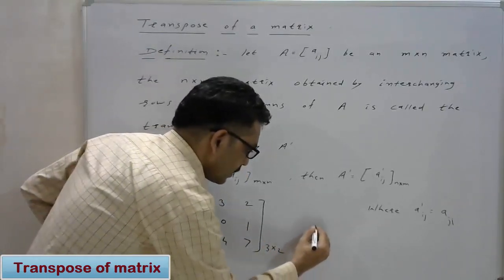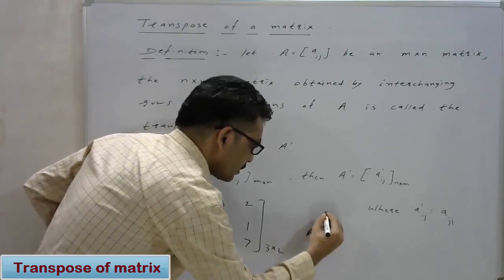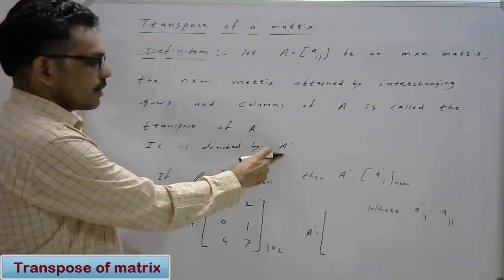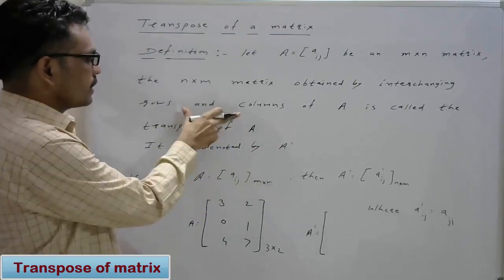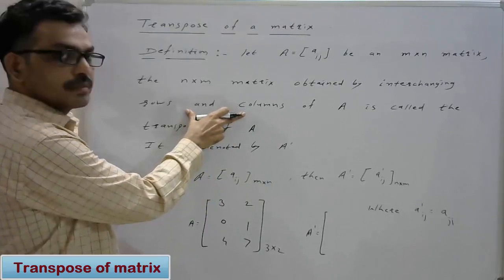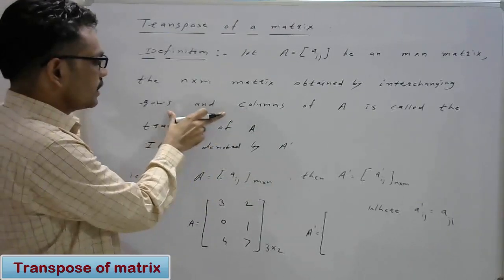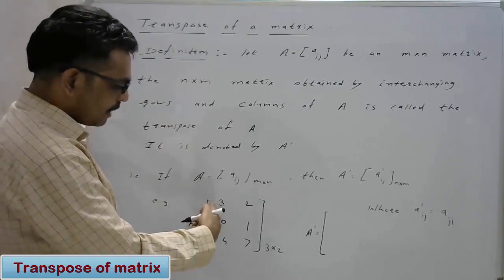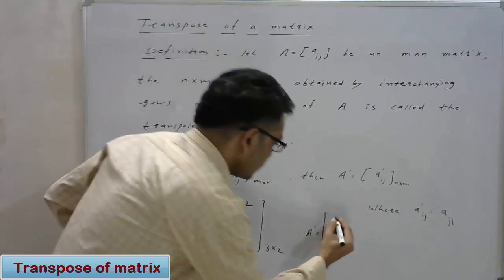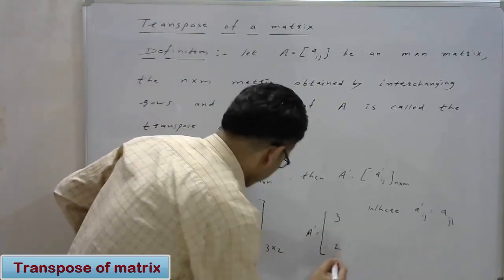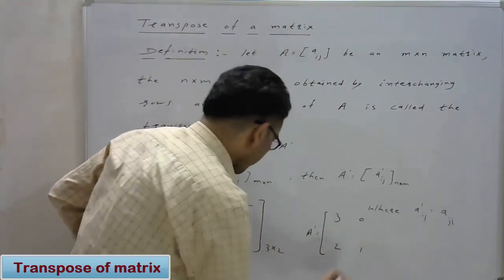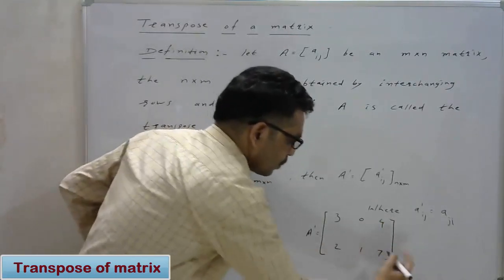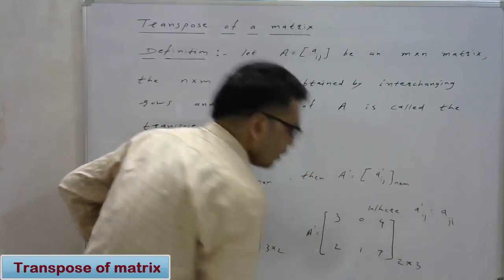Then A dash, or the transpose of A, is obtained by interchanging its rows and columns. Therefore, the first row having elements 3 and 2, A dash is 3, 0, 4 in the first row and 2, 1, 7 in the second row, having 2 rows and 3 columns.